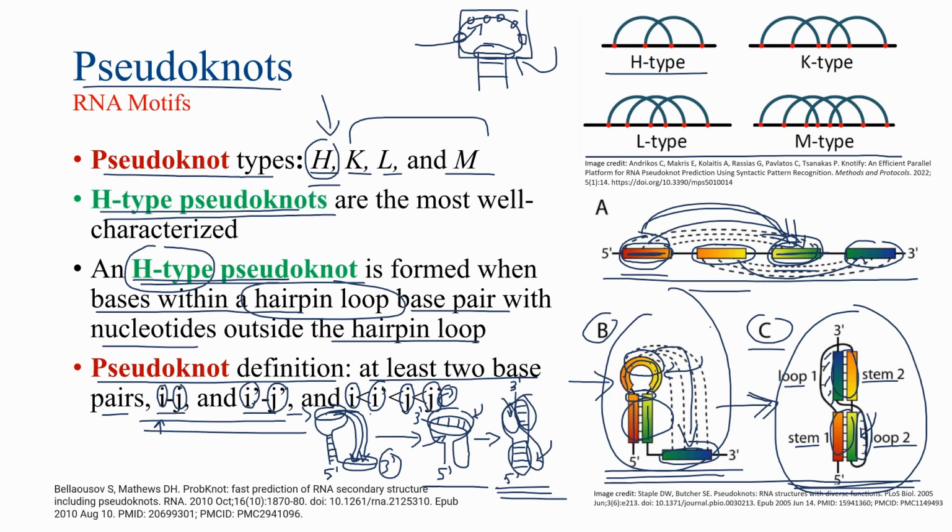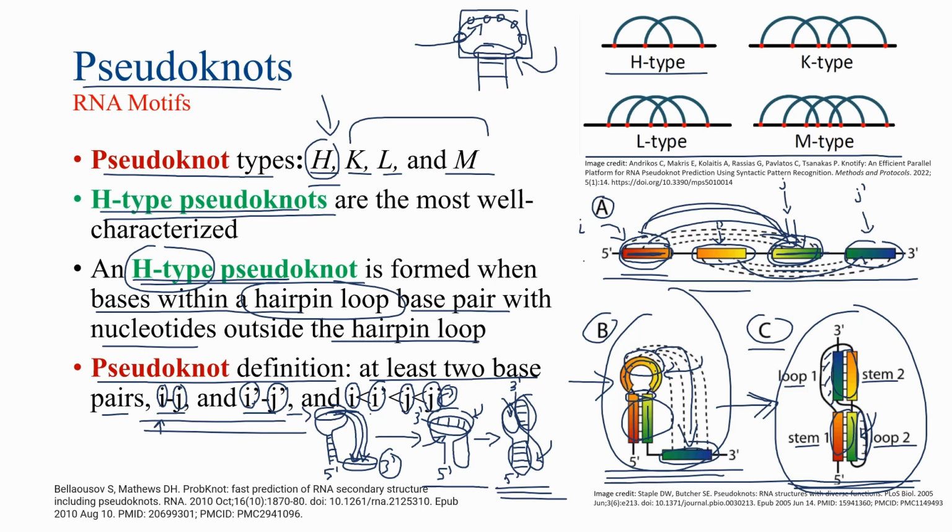So, for example, if you take a look at the figure at the bottom right and we take a look at A, we can consider this region in red as I, and then we can consider this region in yellow as I prime. We can then consider this region in green as J, and then we can consider this region in blue as J prime.